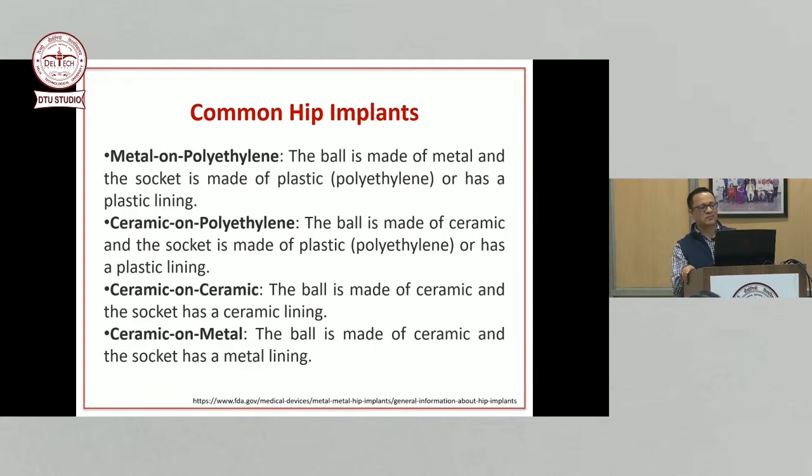Ceramic on metal: the ball is made of ceramic and the socket has a metal lining. A lot of times it depends on the age of the patient. A lot of times it depends on the surgeon, what they prefer, what they feel comfortable with, or what their experience is, what type of implant is good for what type of patient.